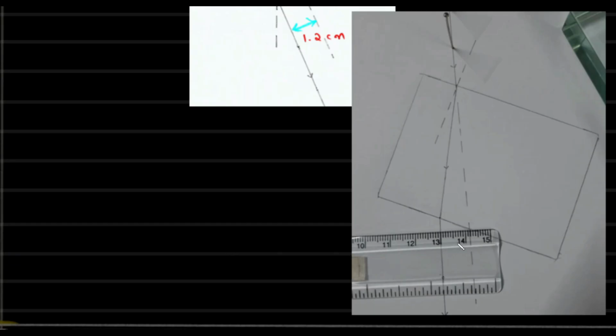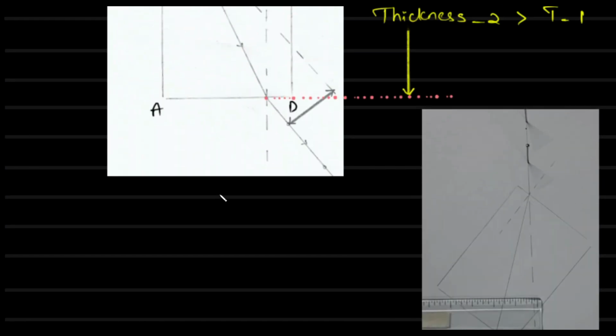So 13 to 14.2, 1.2 centimeter. Third one, you guys measure this. It's a bit small. This is around 0, 1, 2, this is 2.5, approximately 2.4 centimeter.